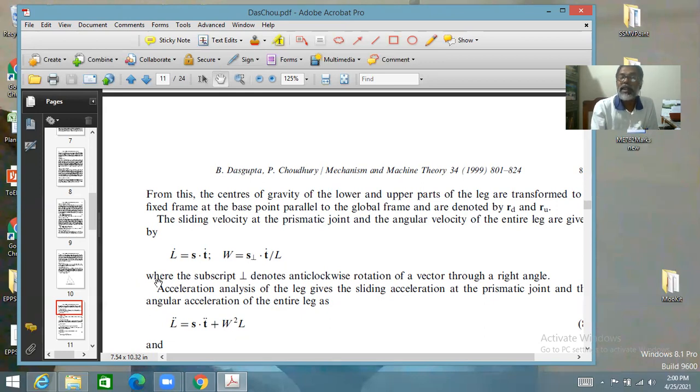Everything we are trying to evaluate in terms of T, T dot, and T double dot.